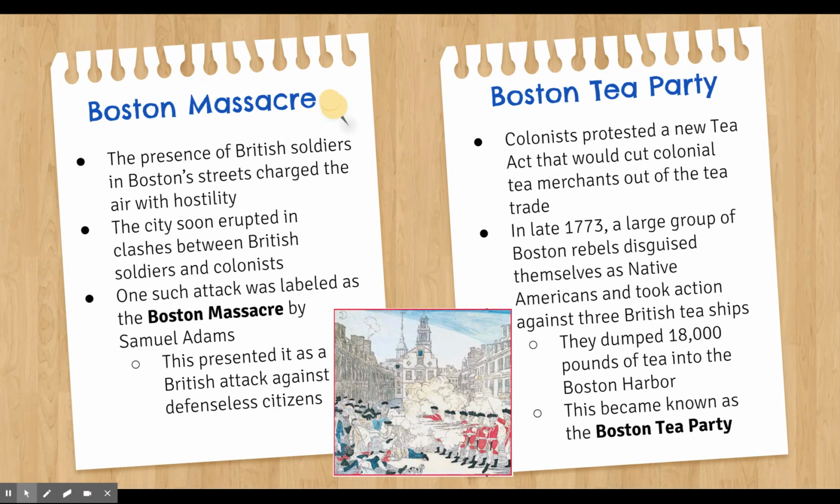They dumped 18,000 pounds of tea into the Boston Harbor, and this became known as the Boston Tea Party. So it's just an act of defiance, showing how they're not going to follow these laws and acts that they're putting in place. And again, tensions are increasing. The colonists are becoming more and more upset with what's going on.